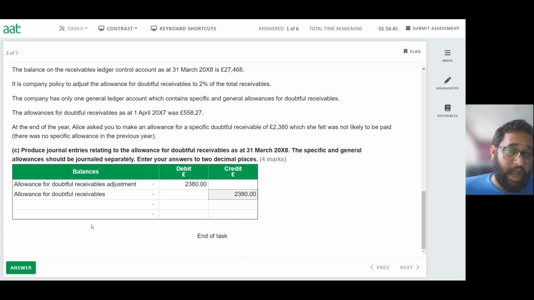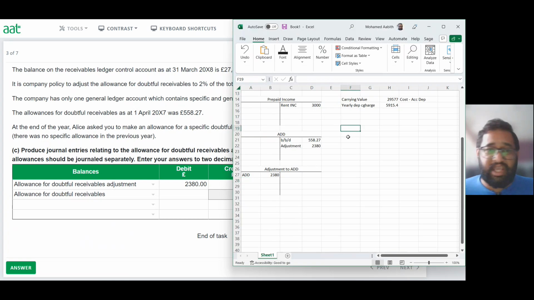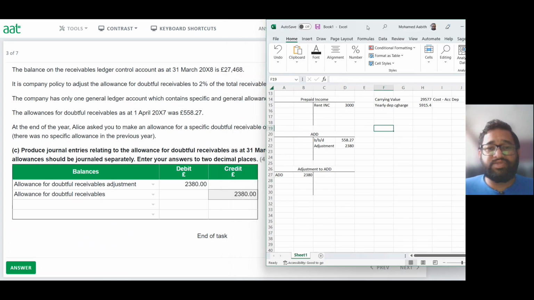This is just to do the specific doubtful debt. But now we have to find out what is the change we're going to have on the other side of it. So let's see what figures we need to calculate. Allowance for doubtful debt: SLCA minus specific debt.